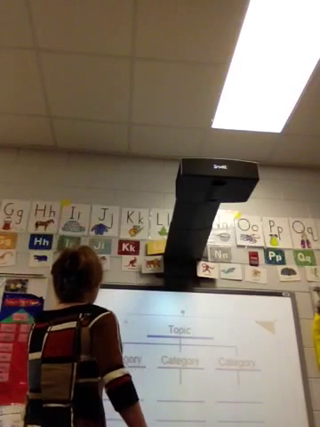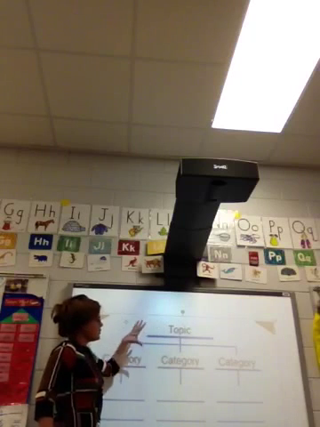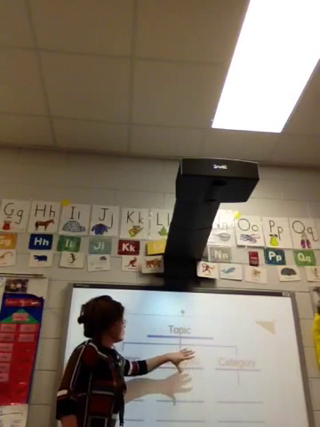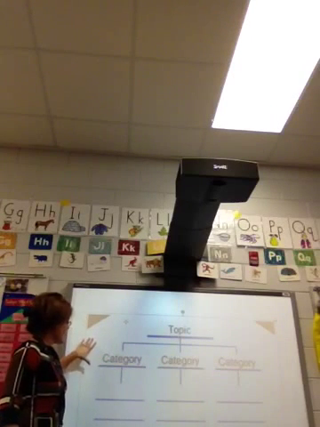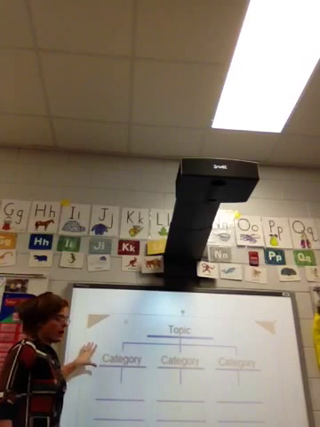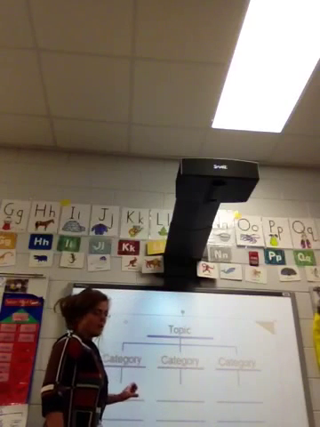My topic that I'll be introducing is counting money. So counting money would go here, and then each specific category would go underneath. I start with the coins and their amounts, with the greatest coin to the left and the least coin going to the right.